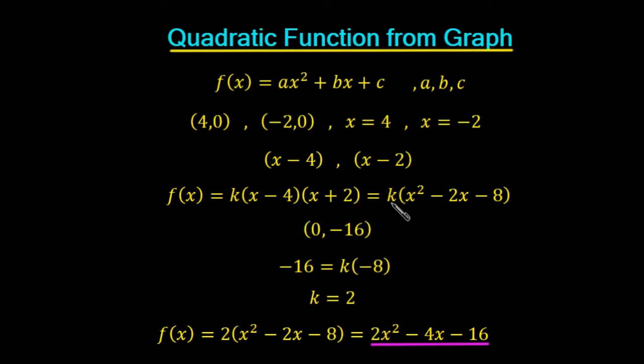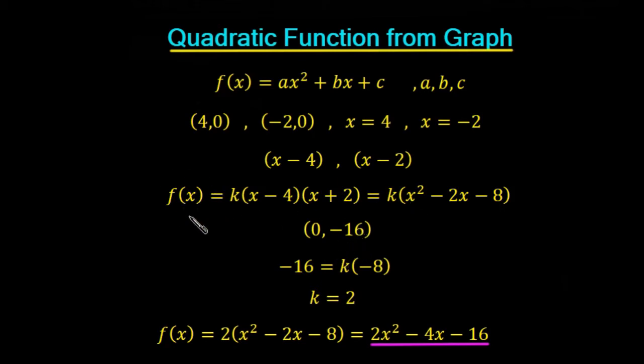Now we have to find the value of k, but we know that it crosses the y-axis at the point (0, -16). So we know that when x is equal to 0, y is equal to -16. All we need to do is put that into the equation above.